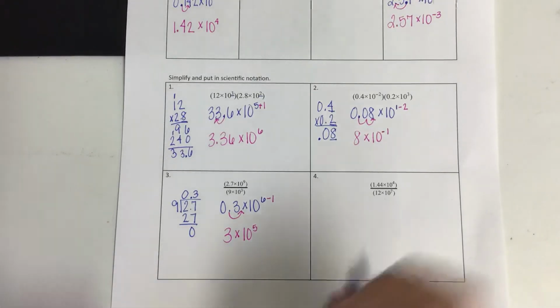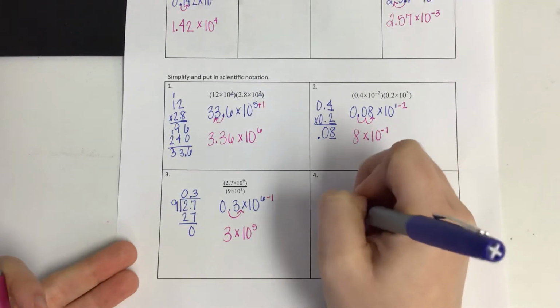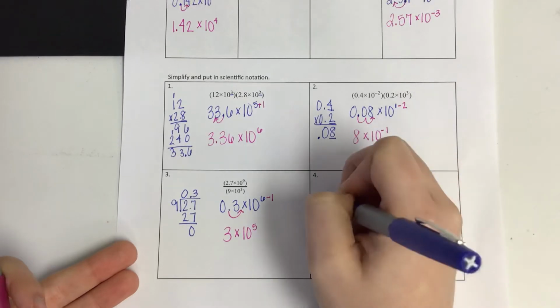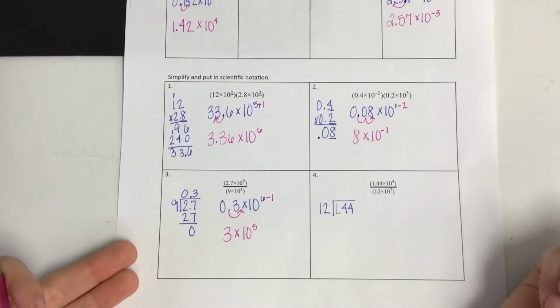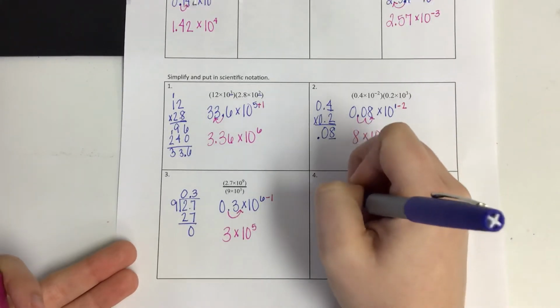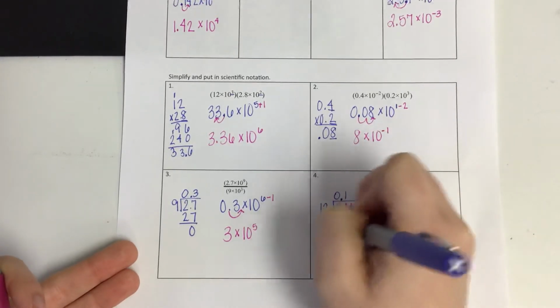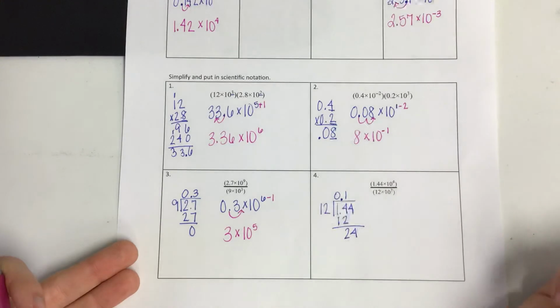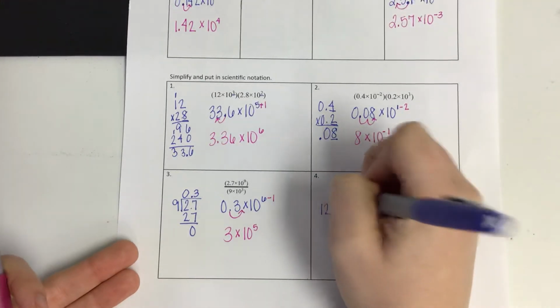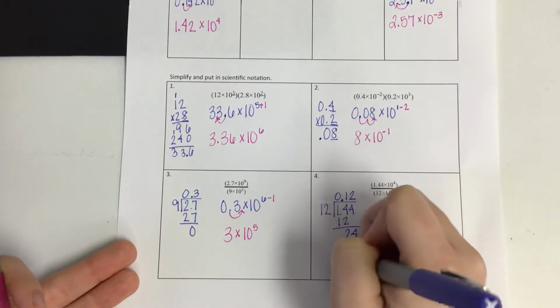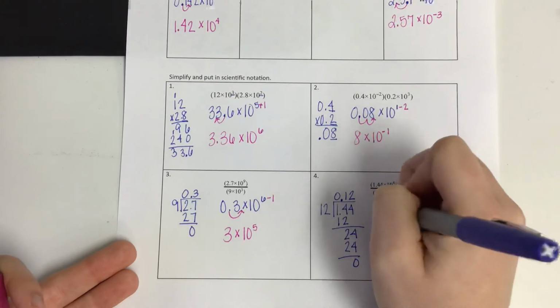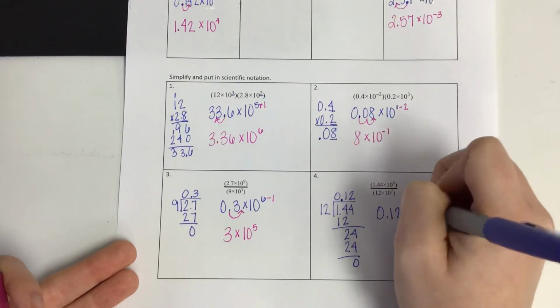And then our last one, we have 1.44 divided by 12. 12 goes into 1 0 times. 12 goes into 14 once. We subtract, we bring down to 24. 12 goes into 24 twice. So we have 0.12 times 10.